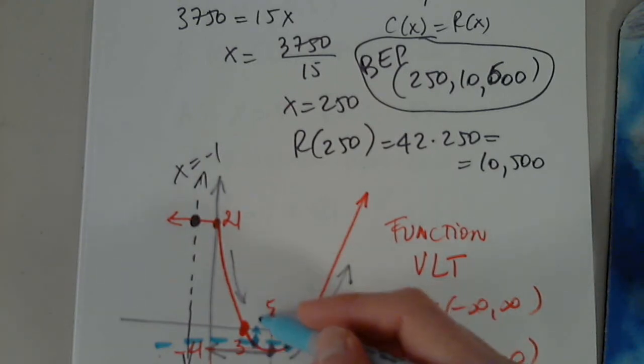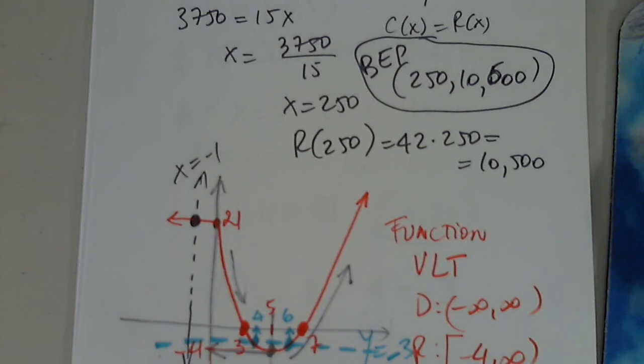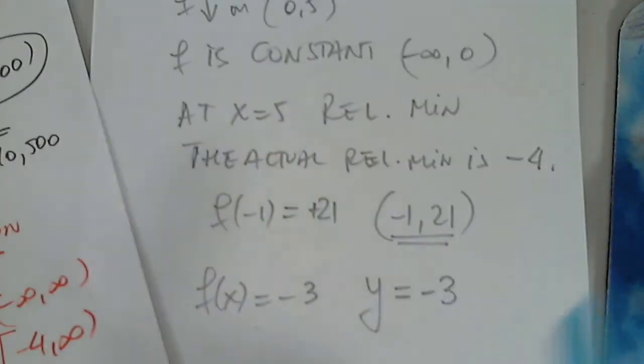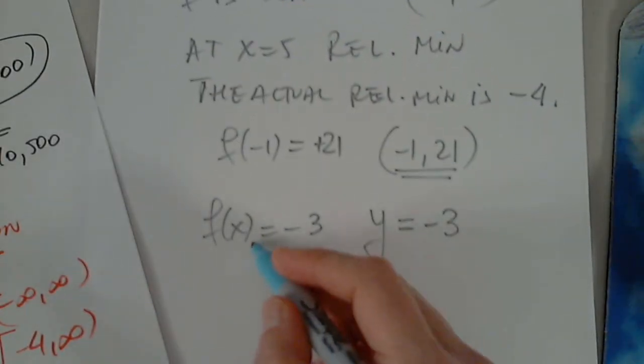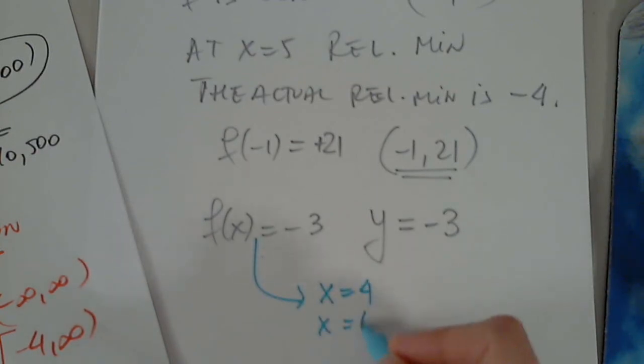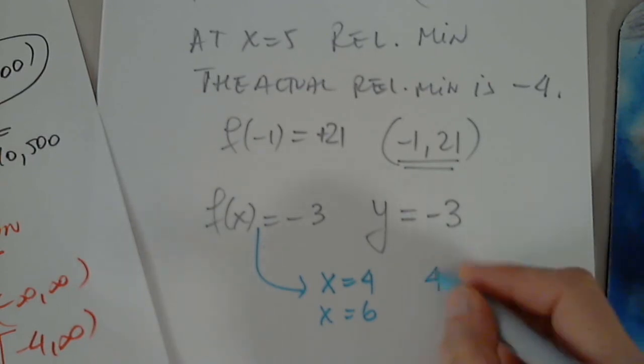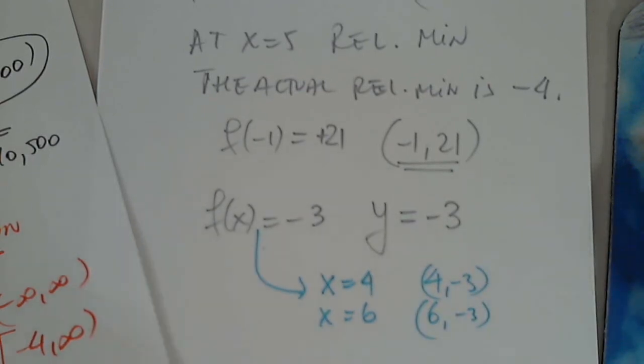So I'm going to say 4 here and 6 here, from my graph. So 4 and 6. So x equals 4 and x equals 6. Which points I read from? I read from (4, negative 3) and from (6, negative 3).